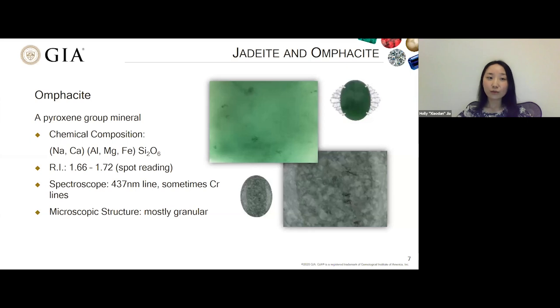Apparently, it doesn't help so much in separating omphacite from the jadeite. So even though omphacite has already been recognized as a distinct mineral for a very long time, it's really not until the most recent decade that we really start to differentiate them from the jadeite jade in the gem industry.